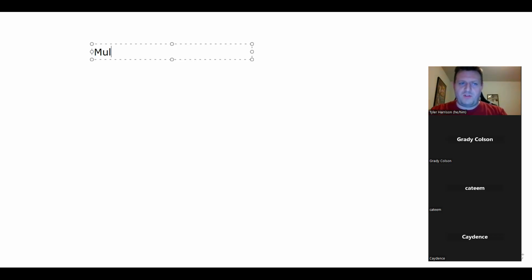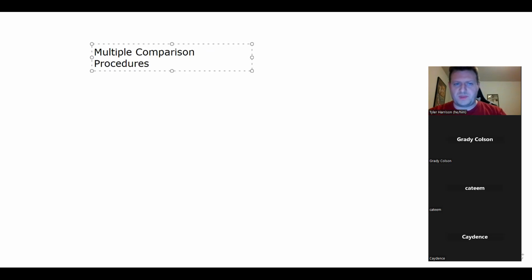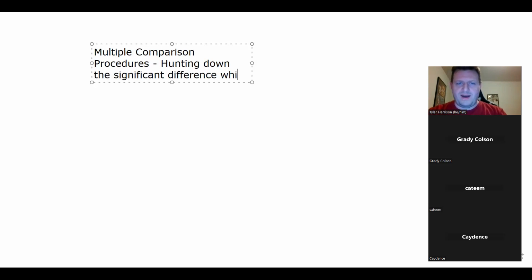Okay, so multiple comparison procedures: hunting down the significant differences while maintaining adequate type 1 error control.